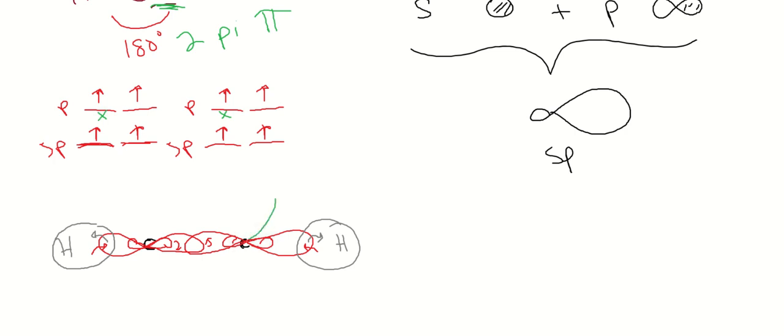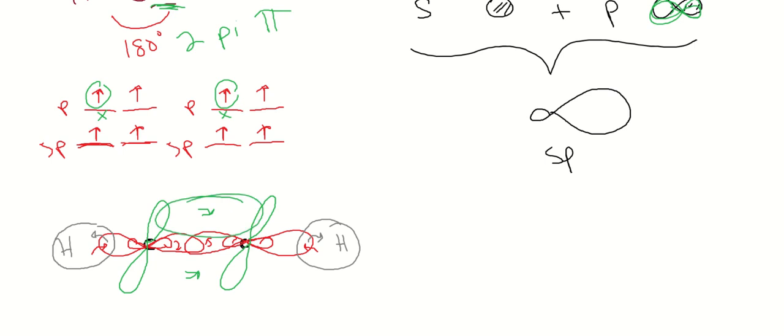There's your px. There's your p orbital, okay, your p orbital in your x direction, and they're overlapping in this region. Okay, they don't look like they're overlapping, but I don't want to clutter up the screen. They are. All right, so you might say this electron and that electron are in this region here.